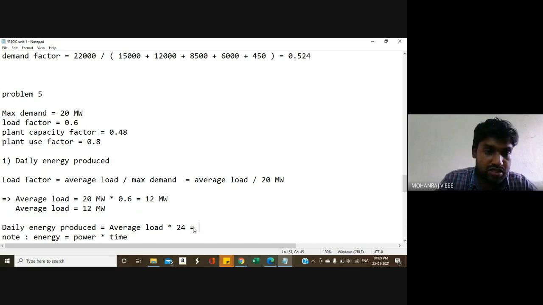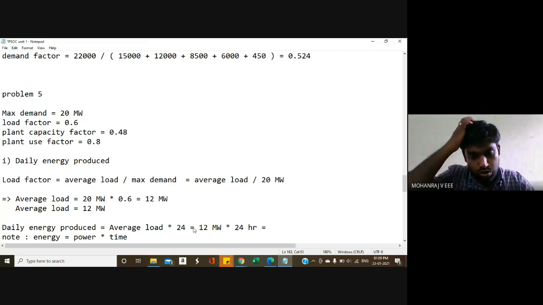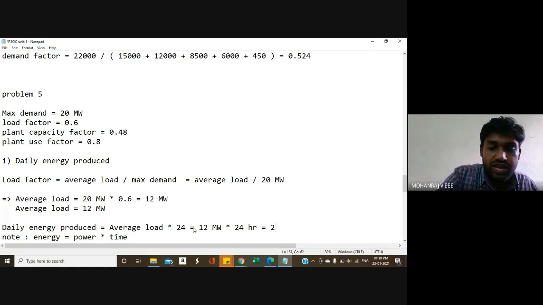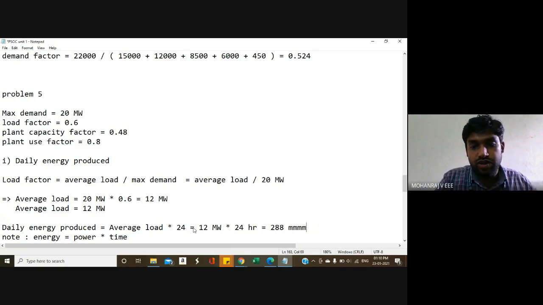So daily energy produced is 12 megawatt times 24 hours. That is equal to 12 into 24. What is 12 into 24? 12 into 24 is equal to 288 megawatt hour.